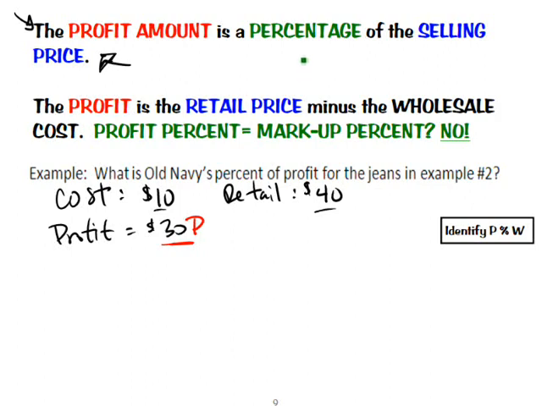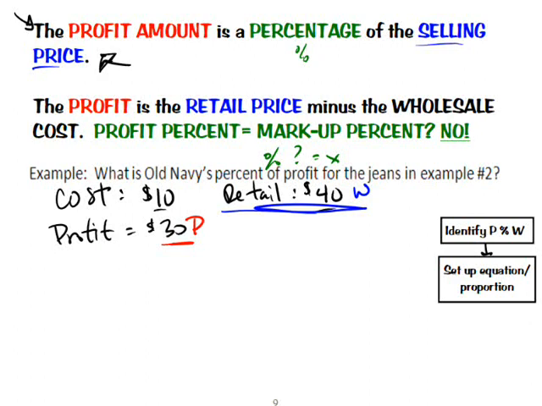The percentage is what we don't know. That's what the question is asking for. So we'll call it X for now. And then the whole in a calculation of profit percentage is the selling price, and the selling price or retail price is $40, so that's our whole.